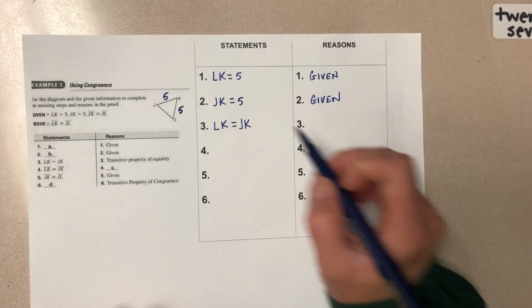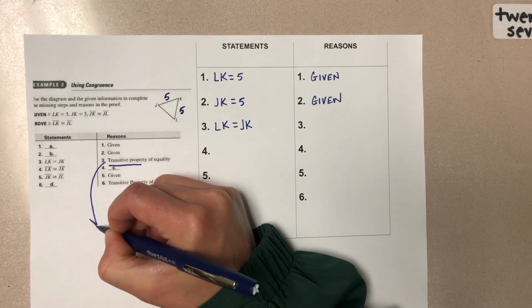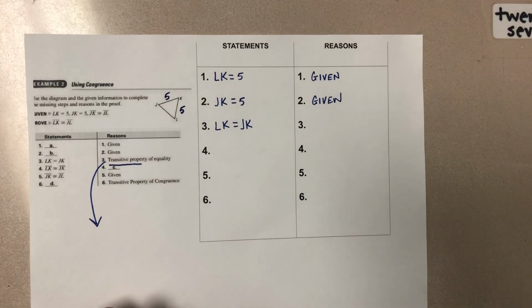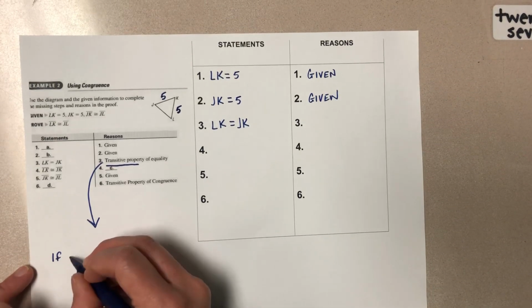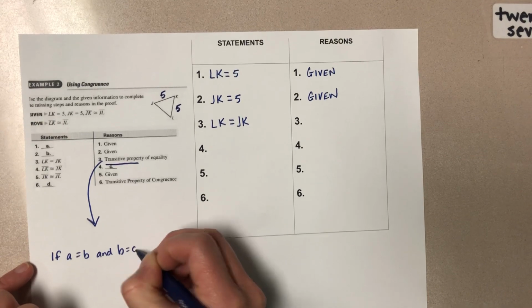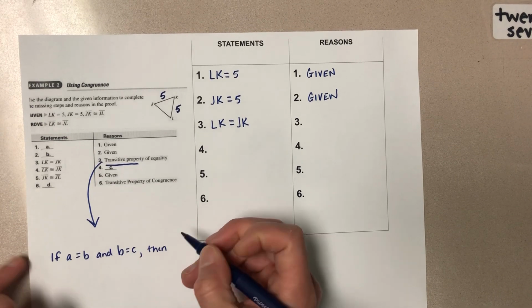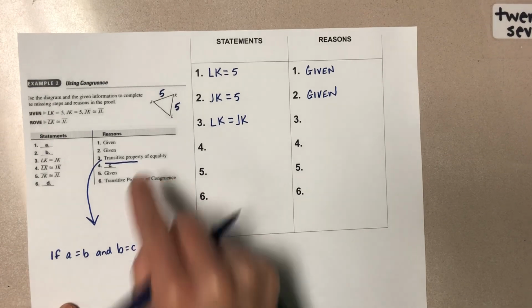And in order to do that, we're going to use this transitive property. And I want to explain why we use the transitive property here, okay? So basically, the transitive property says that if A equals B and B equals C, then we can deduce that A equals C. Well, the same goes for this.